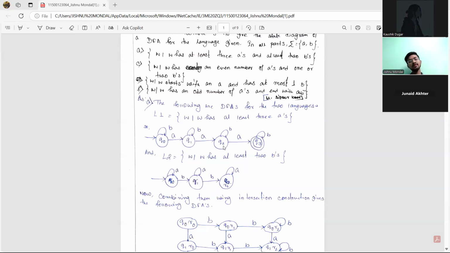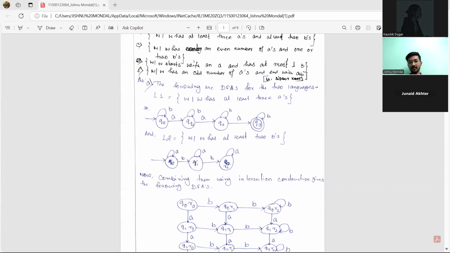And if we give Q0 b, then it stays Q0. If Q1 is given b, then it stays Q1. If we give b in Q2, we also get Q2, and Q3 also on b.